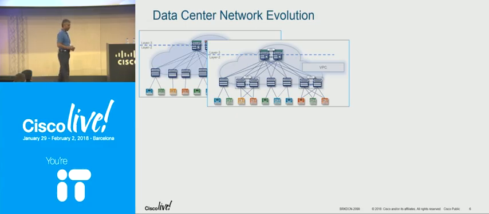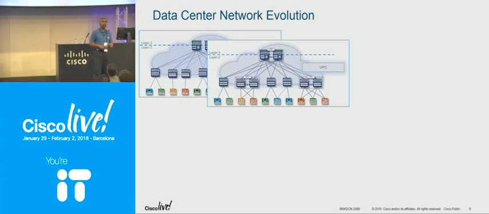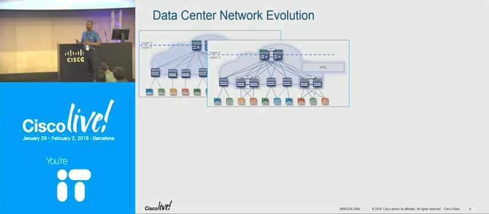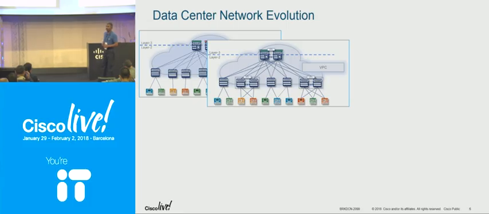In order to address some of the challenges with network resiliency and high availability without compromising the link utilization or the bandwidth utilization within the network, VPC was introduced. So VPC is a very successful feature. It's been deployed in most of the data centers.